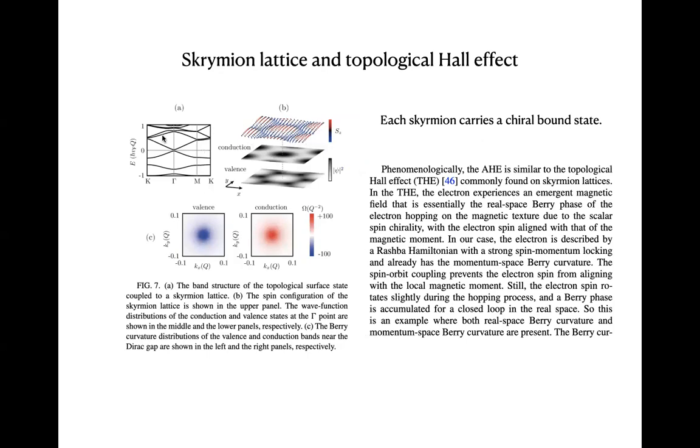But if you plot the band structure, there is always a mini-gap because inversion symmetry is broken, and these chiral modes put together will a little bit cancel each other.